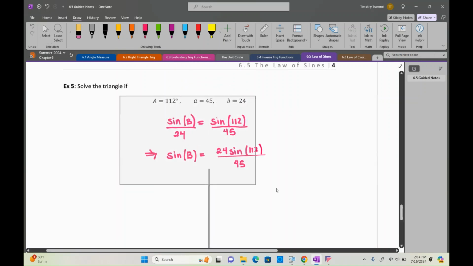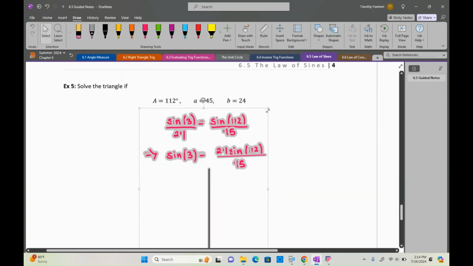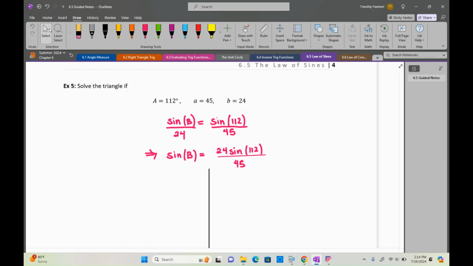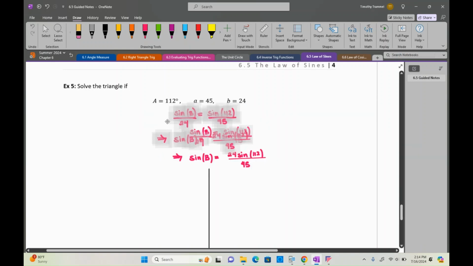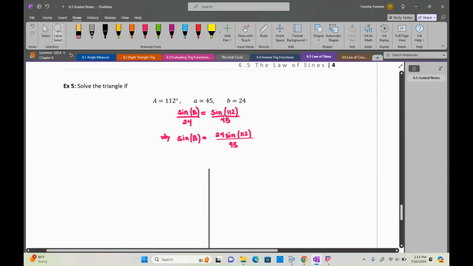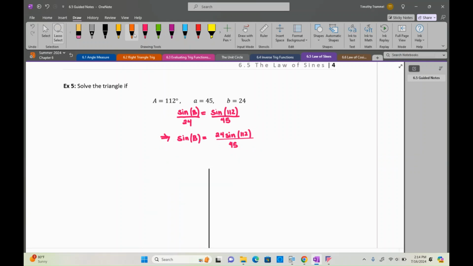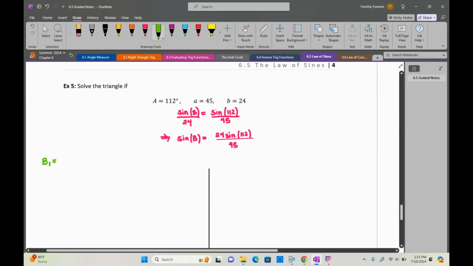And I think I'm also going to scoot this up and shrink it a little bit. There we go. So I just want to make as much room as possible here for us. So we'll do the exact same thing. Take sine inverse of each side here, and we have B1 equals sine inverse of 24 sine of 112 over 45.